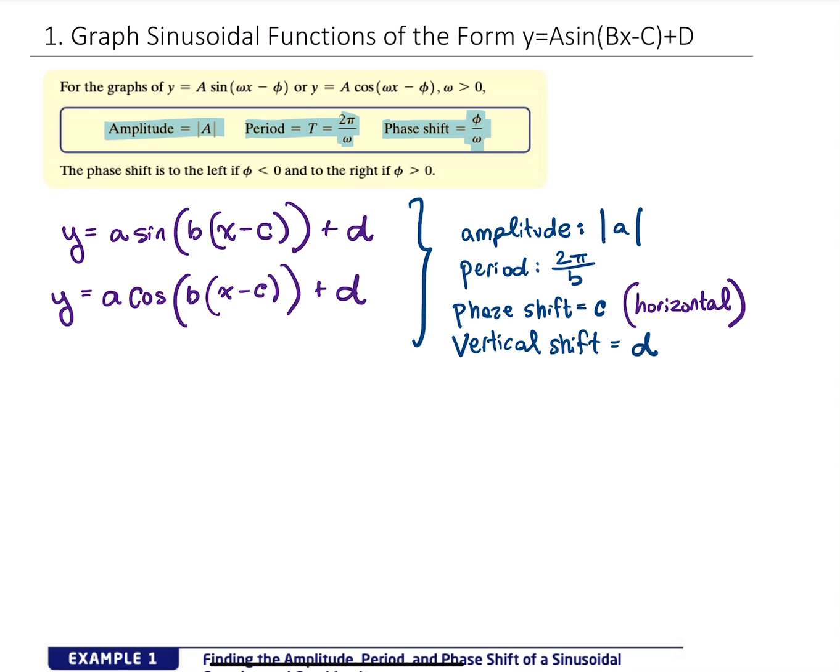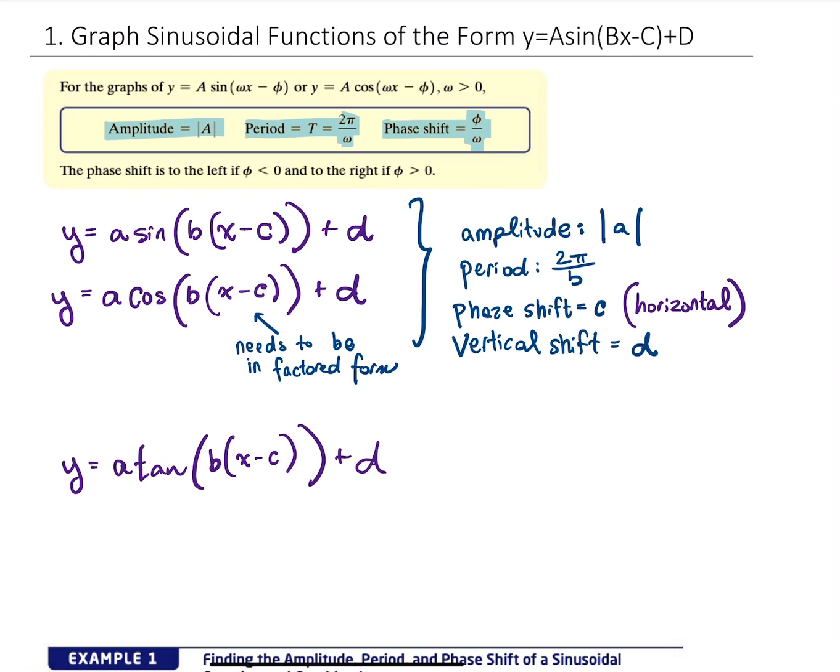Okay, but for this statement to be exactly equal to what is added or subtracted from our x term, it needs to be in factored form. But then we also have the tangent and cotangent. We have a times the tangent of b times x minus c plus d, or the cotangent.